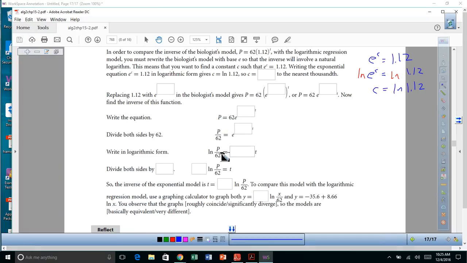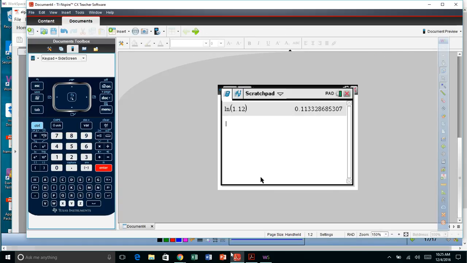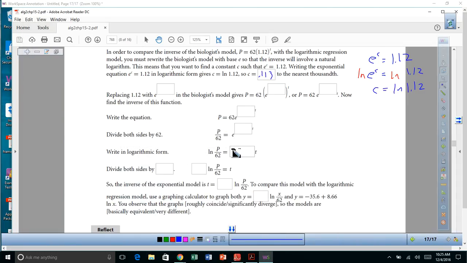So c equals 0.113. That's what we got here, wasn't it? 0.113, to the nearest thousandth.